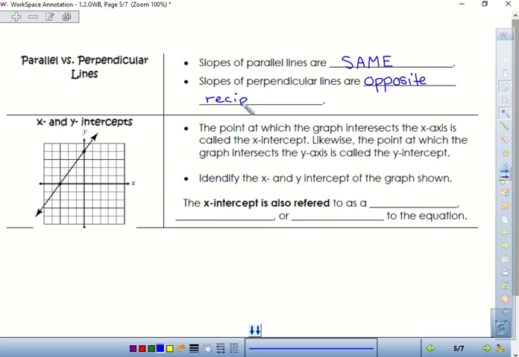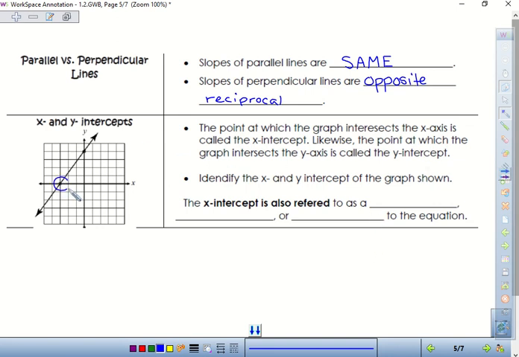Both are acceptable. So just be aware that it can be written opposite or negative. That just means that the signs are opposite, different, and the fraction is flipped.